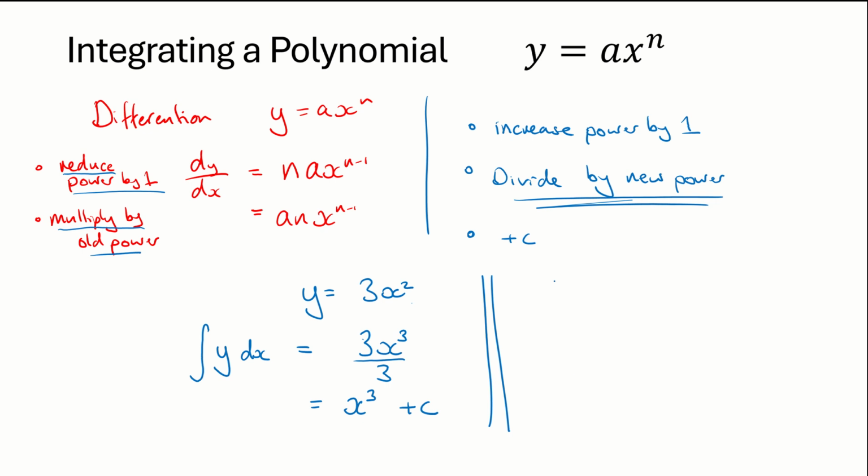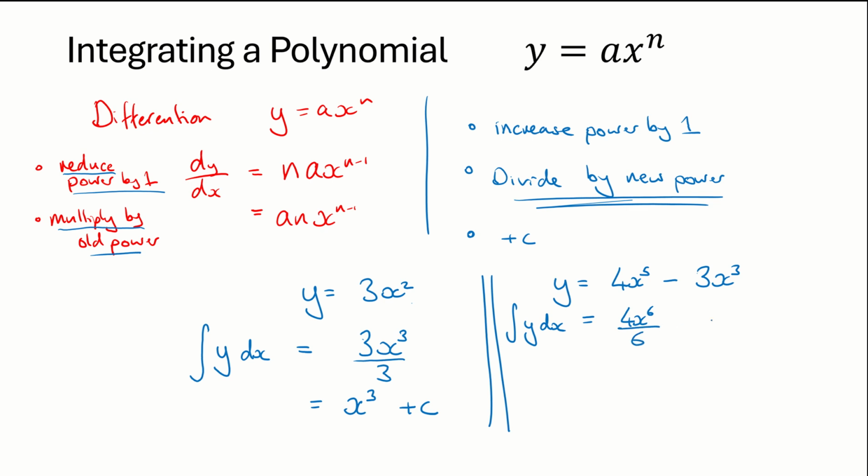Let's do another example. So let's look at y is equal to 4x to the 5 take away 3x cubed. All right, let's have a go at this one. So if I wanted to integrate y with respect to x, let's follow our rules here. So we increase the power by 1, so 4x to the 6, divide by the new power, so divide by 6.